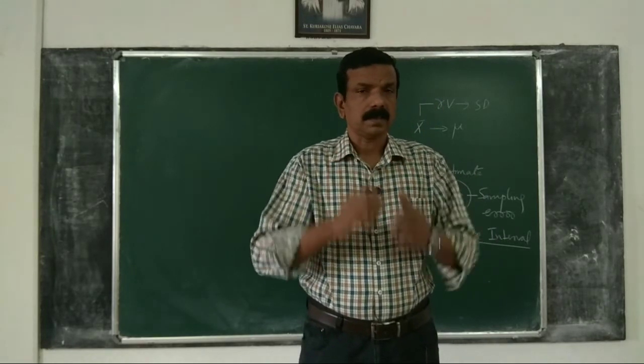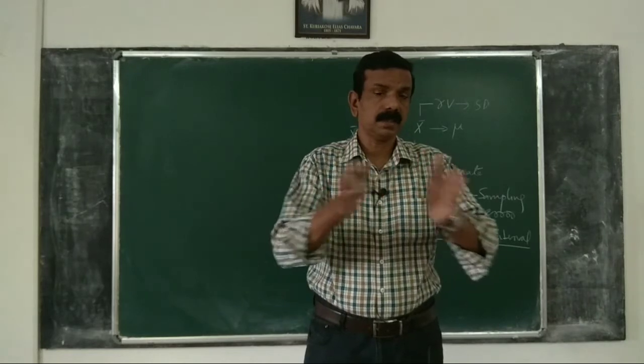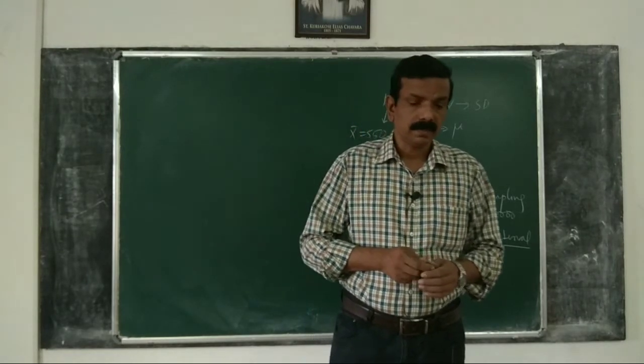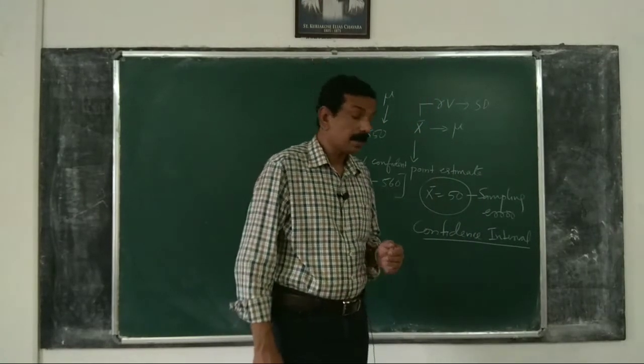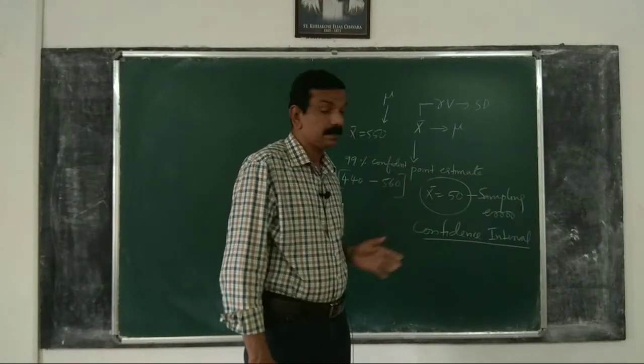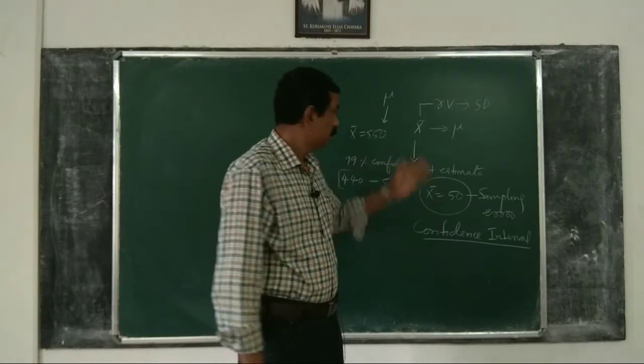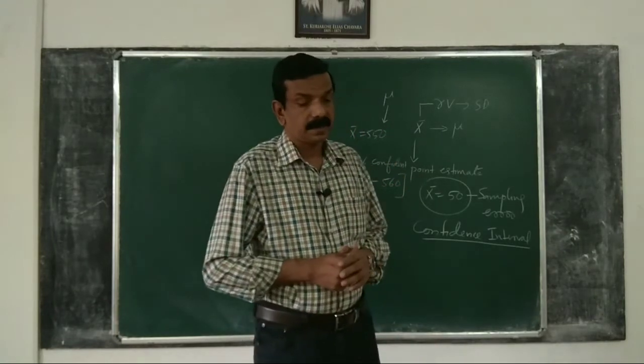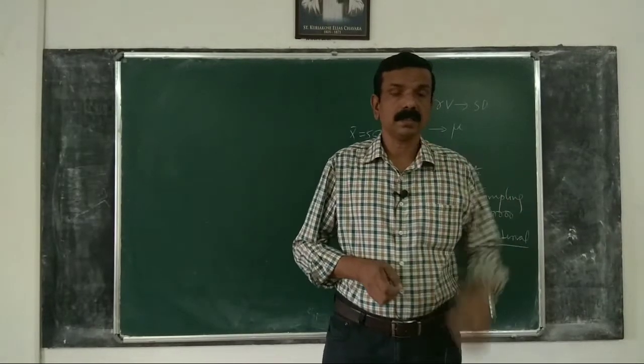So this is an interval. We suggest an interval in which the parameter will lie. And we say that we are 99% confident that mu will lie in this interval. Now suppose that we consider another interval.